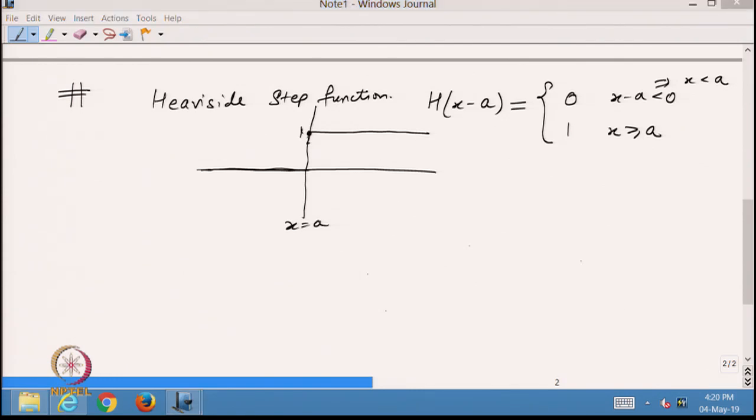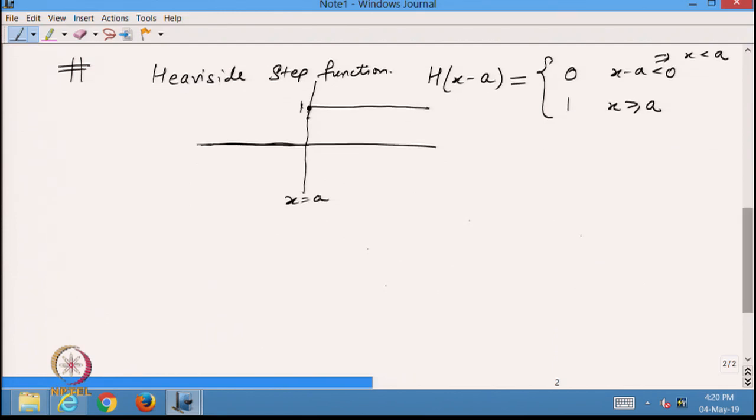So we have a value 0, then a value 1, and here is a jump. It is also called the jump function, and we have a jump of width 1 in this case. This is called the Heaviside step function. This function has only two values, either 0 or 1.